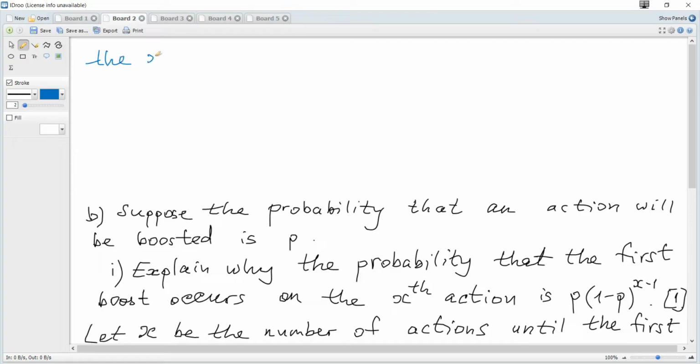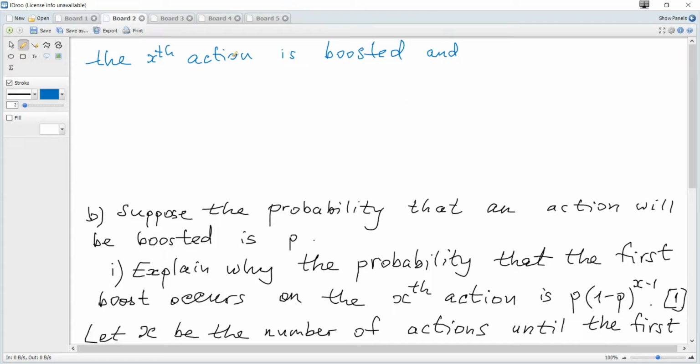The x action is boosted, and it's very important.